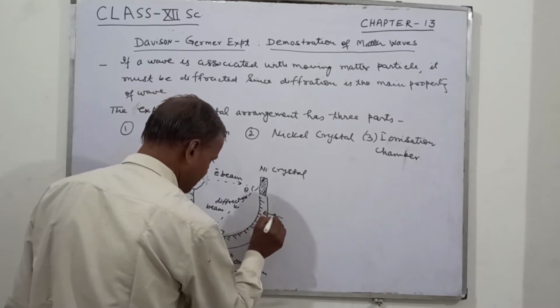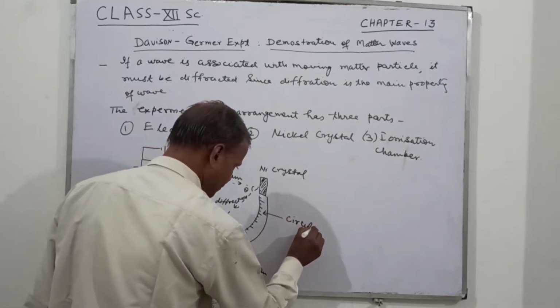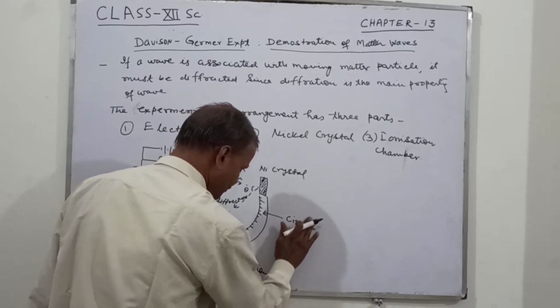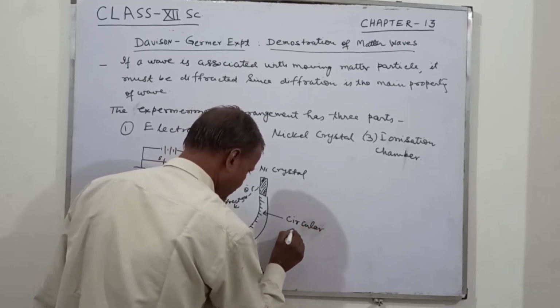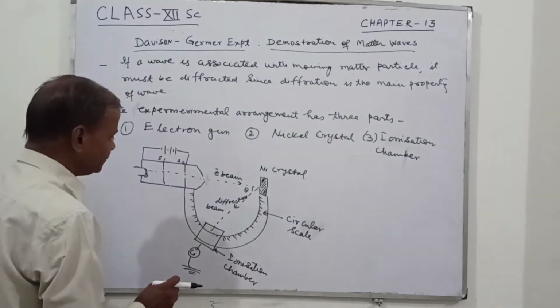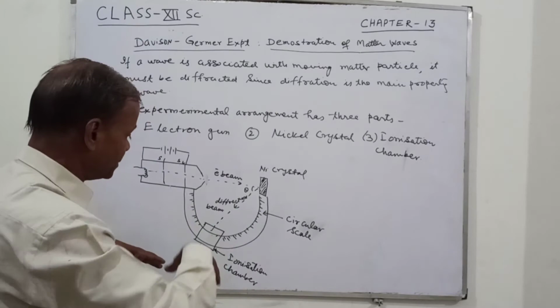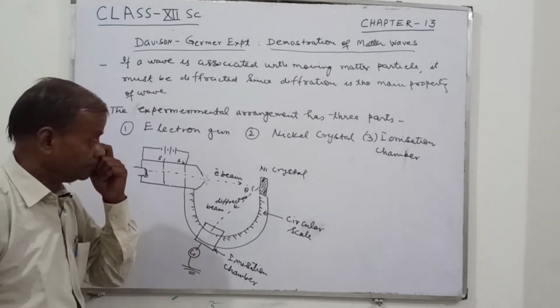The ionization chamber is mounted on this horizontal circular scale so that it can be rotated to any angle.